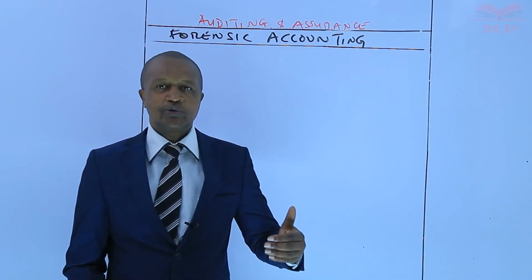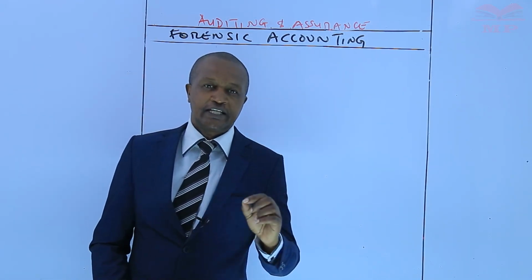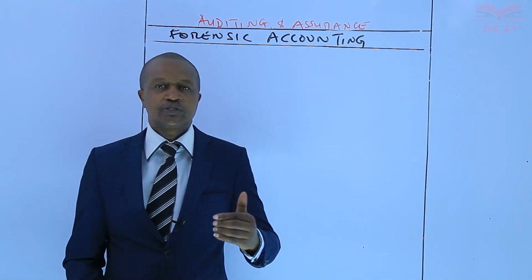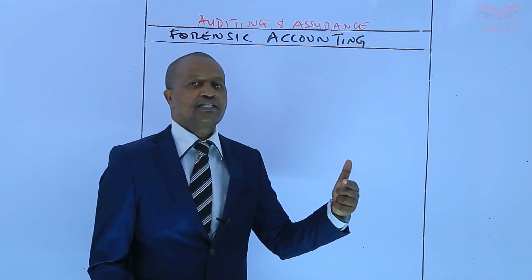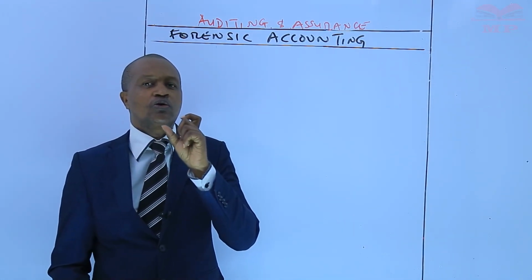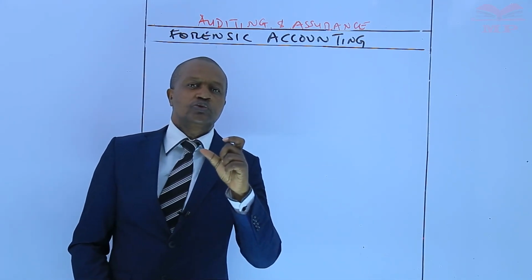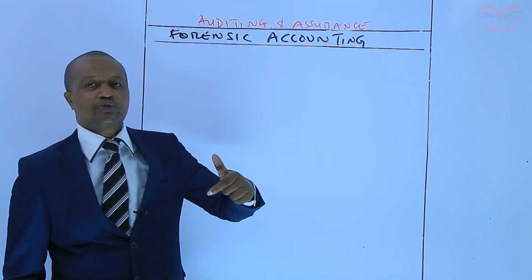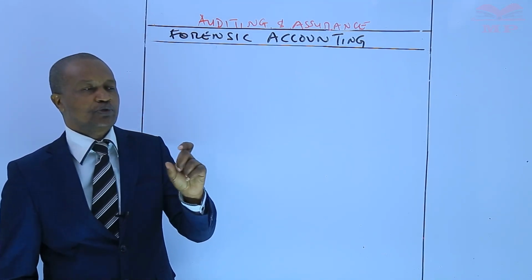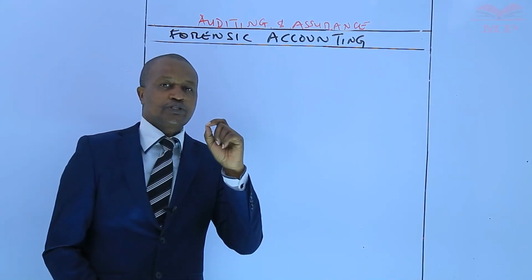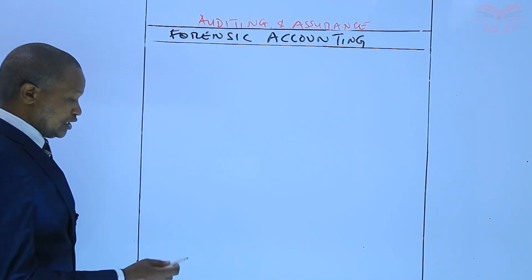Forensic accounting, candidates, refers to the application of accounting principles, investigative techniques, and legal concepts to analyze financial information, detect financial fraud, and provide litigation support in legal proceedings. That's the meaning of forensic accounting.